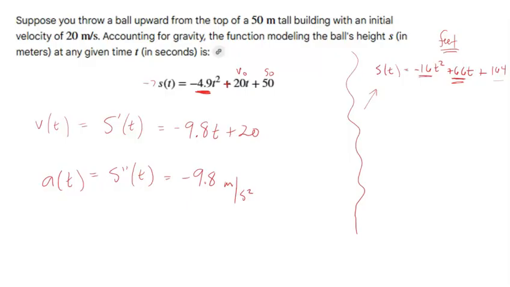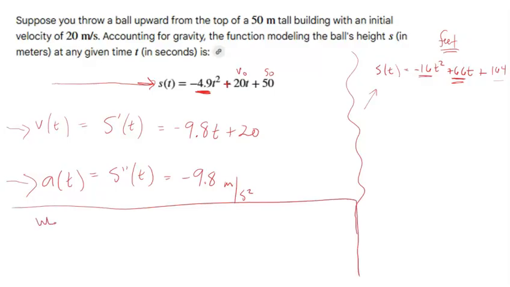Okay, so this is a question I like to ask. I can ask you something about the position of the object, the velocity of the object, the acceleration. How about this? Here's a question we're going to see a lot. When does the object reach a max? Okay, so we have to do some interpretation.